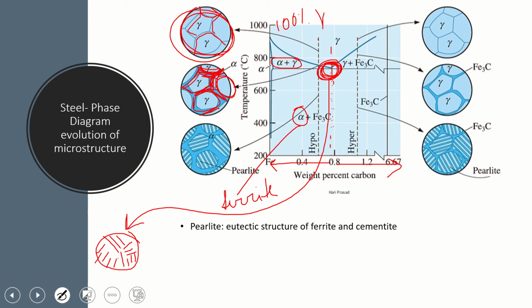You have a mixture of cementite and ferrite. And remember, this is called pearlite. But pearlite is not a phase, it's a microstructure. So the name of the eutectoid microstructure is pearlite.